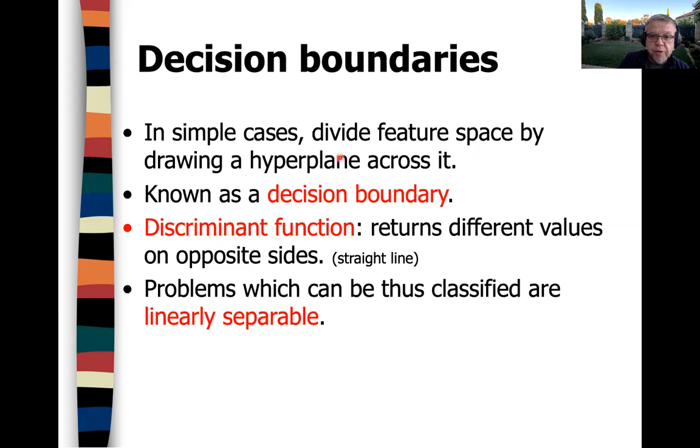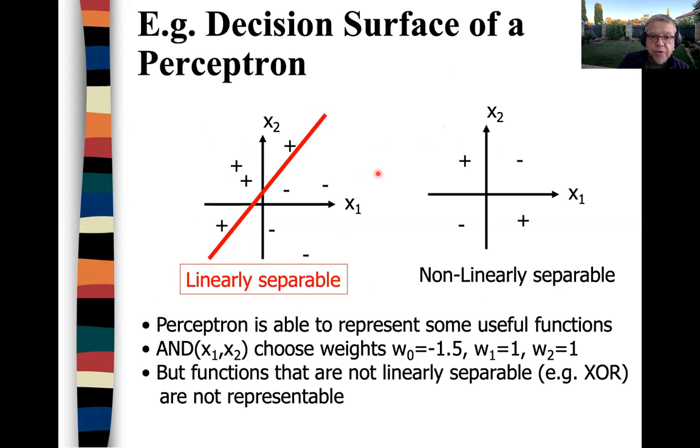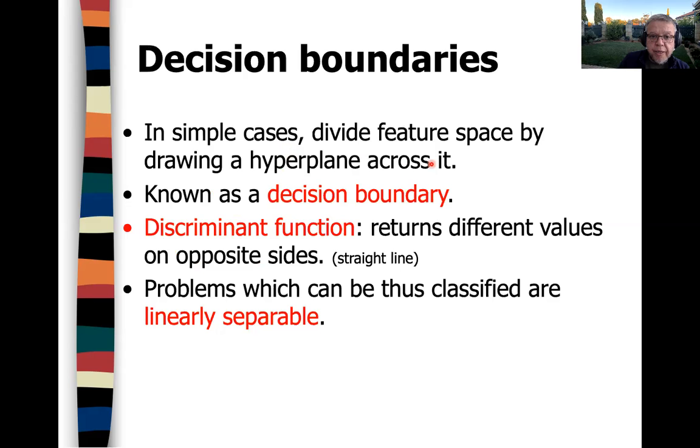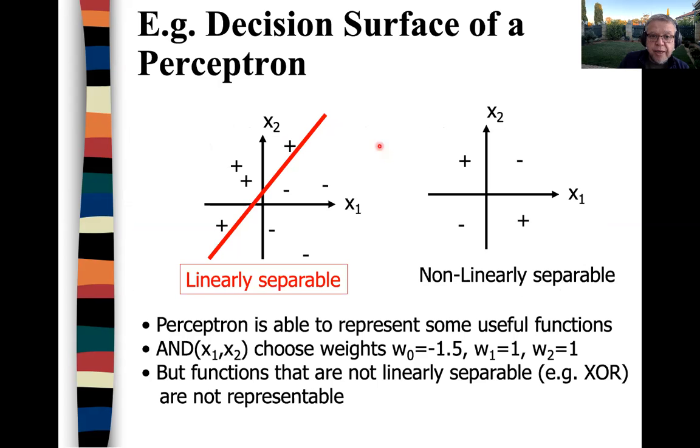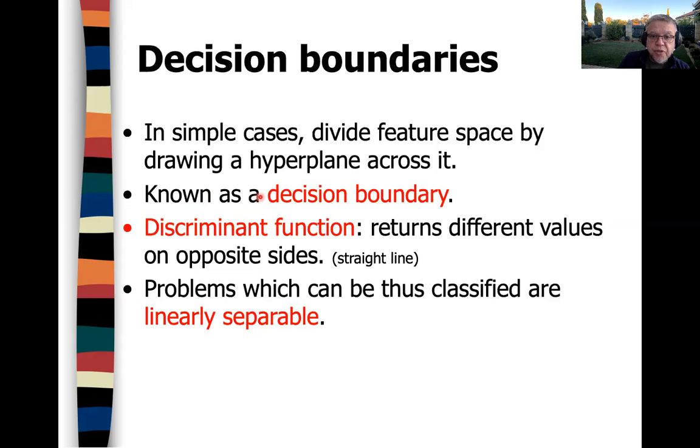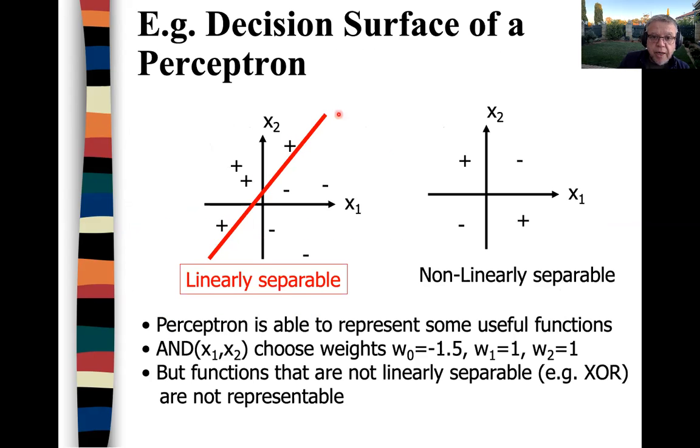In simple cases, you can divide the feature space by drawing a hyperplane across it: a line in the planar case and a hyperplane in the case of a multidimensional feature space. And this line here is known as the decision boundary.